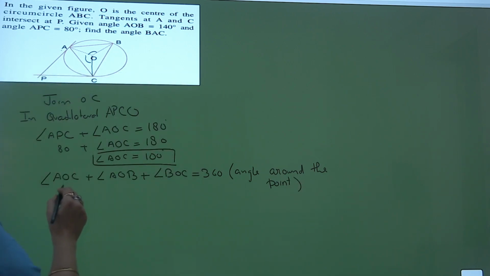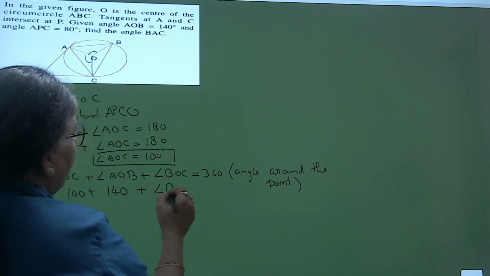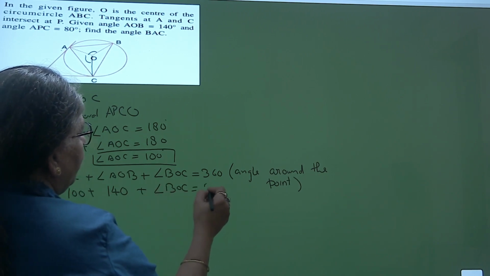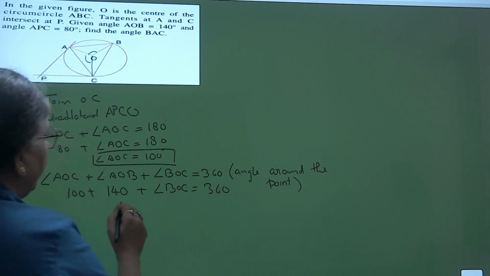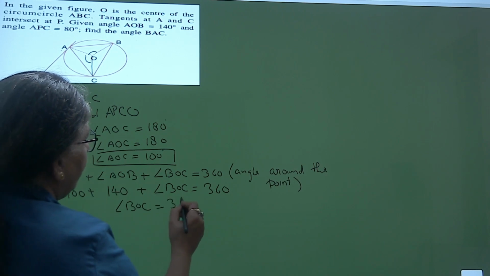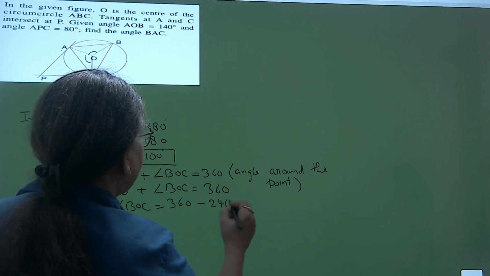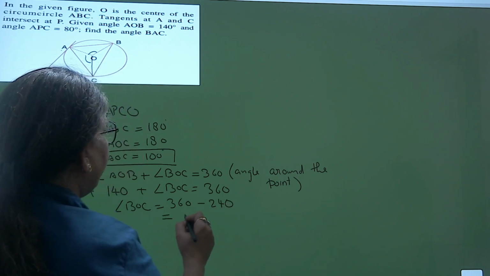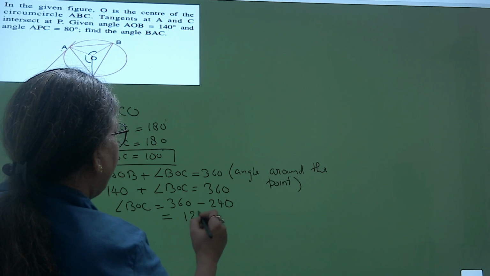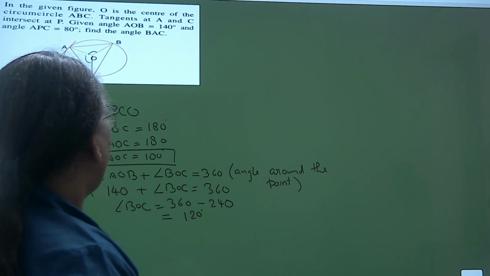Angle AOC is 100. Angle AOB is already given. Angle BOC you have to find. So angle BOC will be 360 minus 240, so you get 120 degrees. So angle BOC is 120.